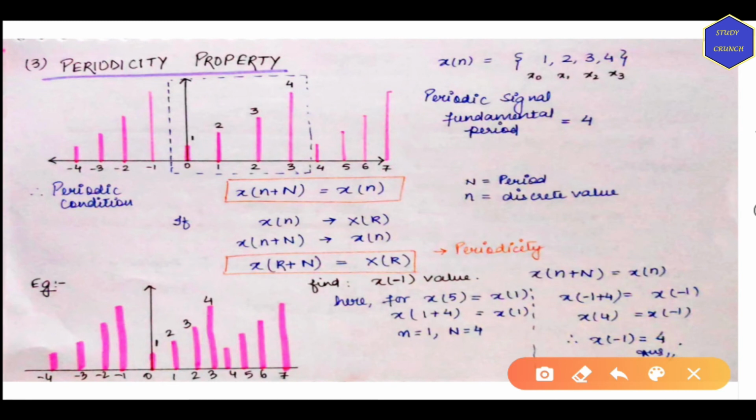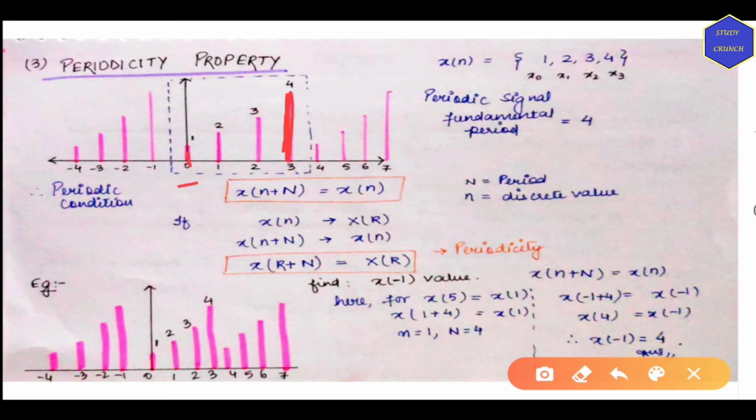Let's look at the third property, that is periodicity. What is periodicity? Periodicity is basically when a signal repeats itself. Suppose at 0 we have 1, and at 3 we have a value of 4.